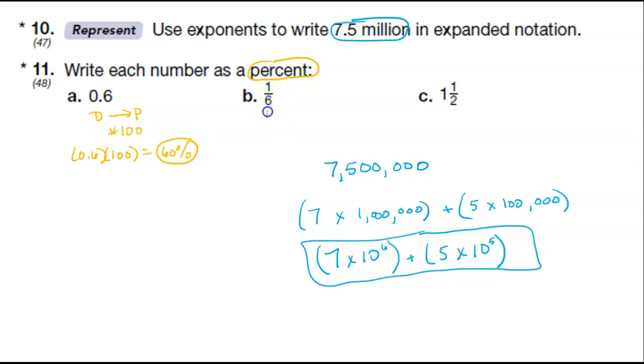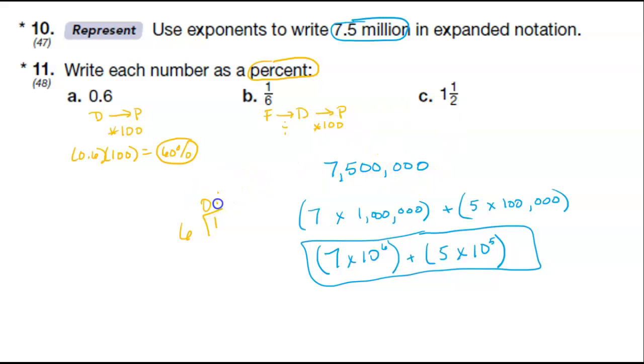Okay, here I'm going to have to go from fraction to decimal to percent. Fraction to decimal I divide, and then decimal to percent I multiply, so I have 1 divided by 6, which gives me a repeating decimal. I'm only going to do 2 decimal places.